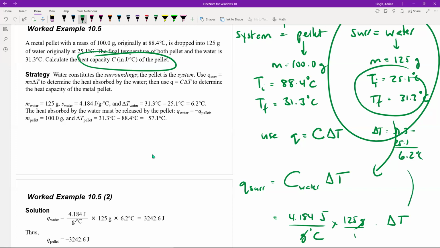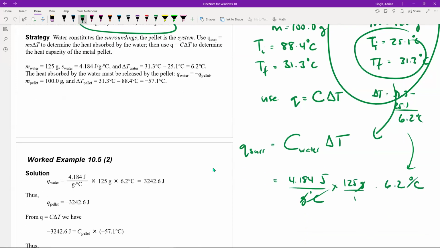The degrees Celsius go away. So we end up with Q of the water, which is the surroundings, equal to 3242.6 joules.